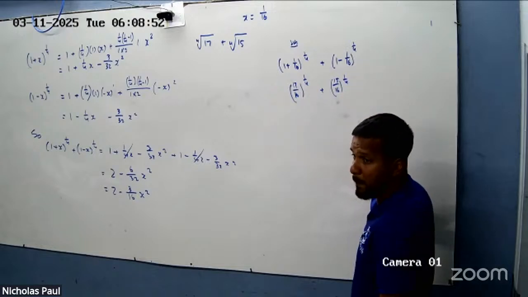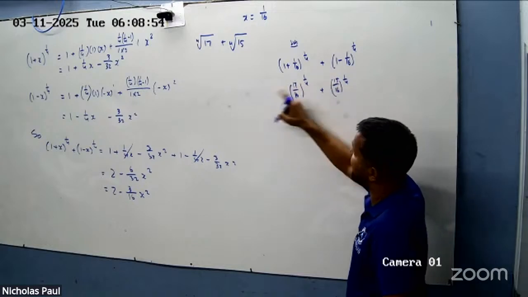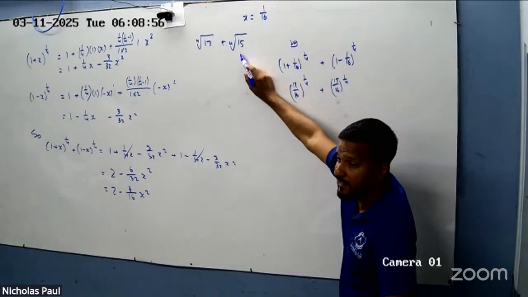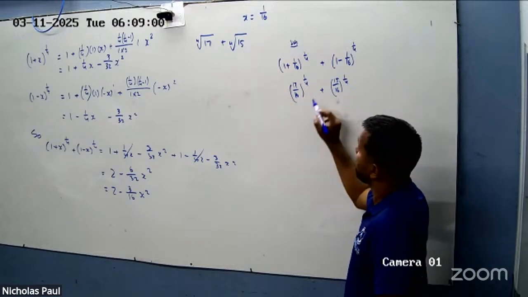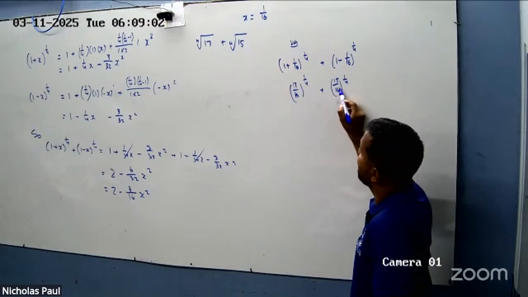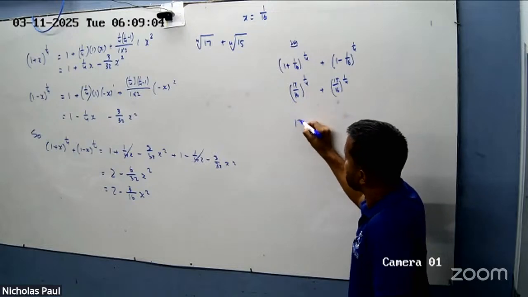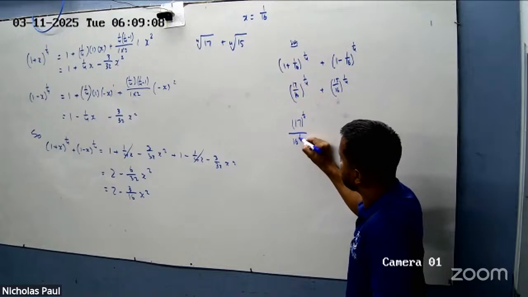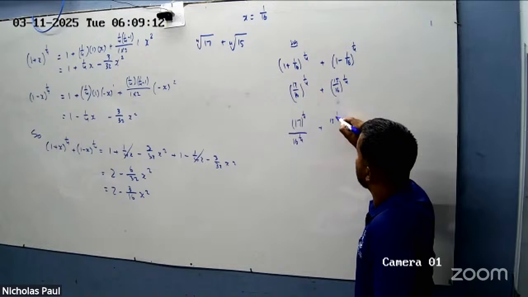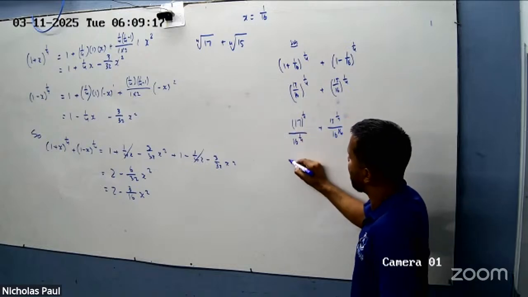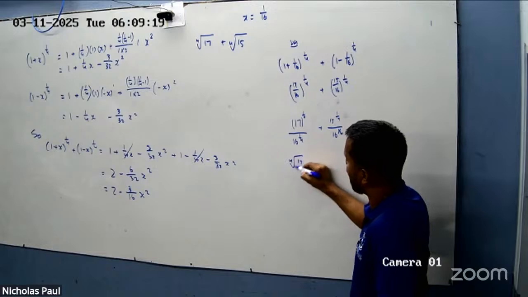What you're interested in is making it look like 17 to the quarter and 15 to the quarter, right? So I've seen the 17 here, I've seen the 15 here. So we could say 17 to the quarter over 16 to the quarter, plus 15 to the quarter over 16 to the quarter.